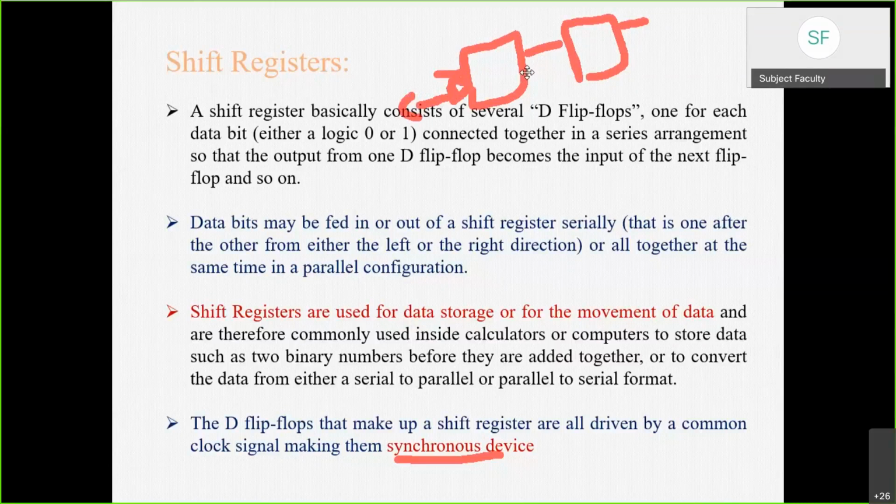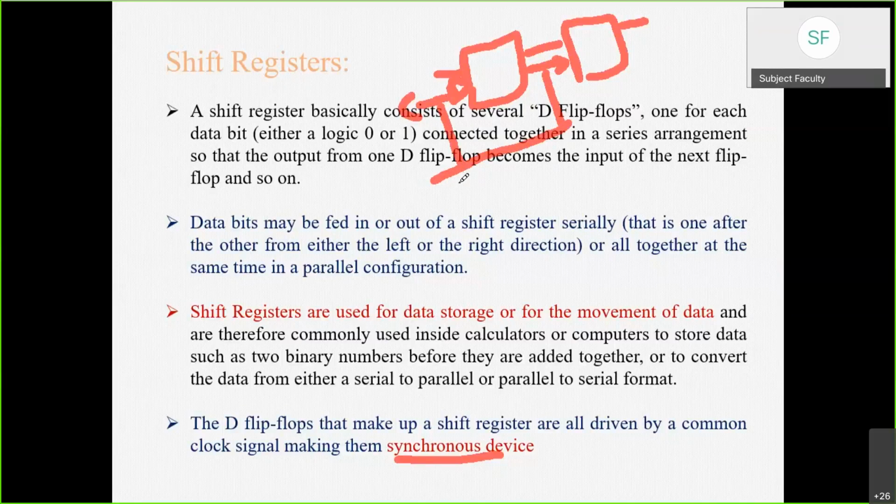So what do you mean by asynchronous? If the output of the first flip-flop is given as the clock of the second, then it will be called asynchronous. On the other hand, if the clock of the first flip-flop and the clock of the second flip-flop are connected together, you can observe this is connected together, then it will be called synchronous.